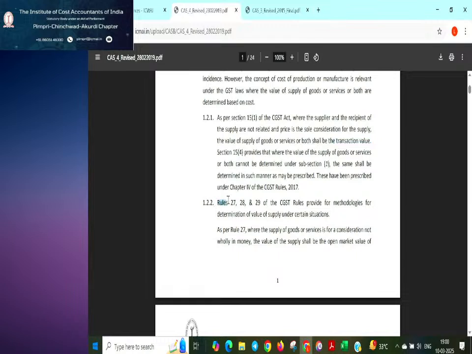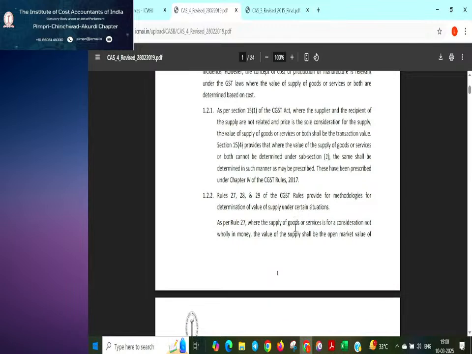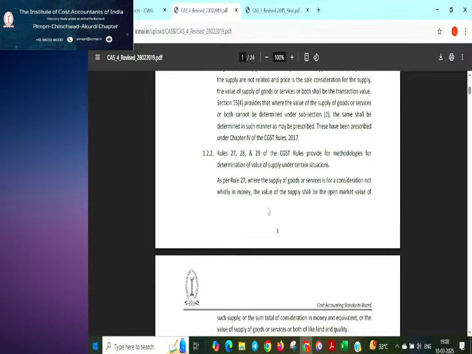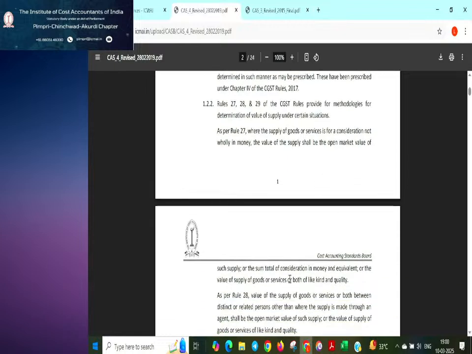Then rules 27, 28, 29 of the CGST rules provide the methodology for determination of value of supply under certain situations. As per rule 27, where the supply of goods or services is for a consideration not wholly in money, the value of the supply shall be the open market value.